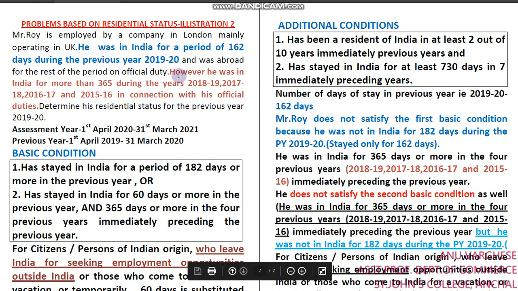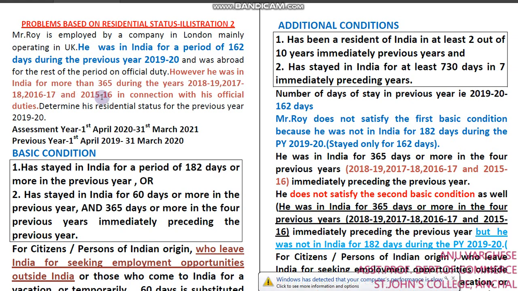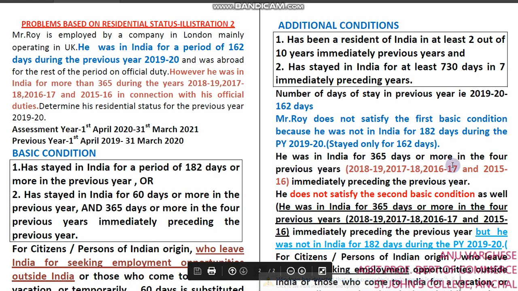So in the question, it is stating that he was in India for more than 365 days during the years 2018-19, 2017-18, 2016-17 and 2015-16. That is, he was in India for 365 days or more in the 4 previous years immediately preceding the previous year.